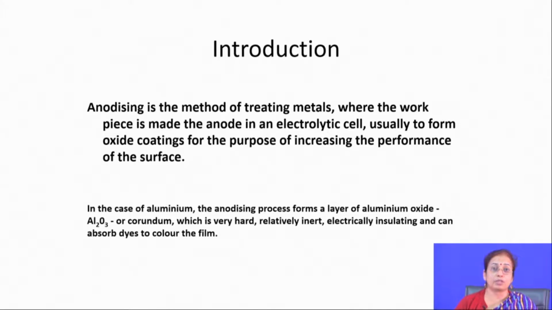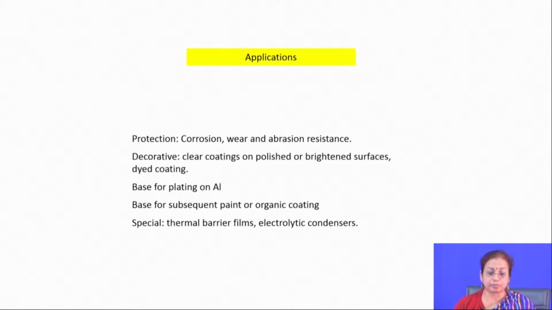Aluminum surface cleaning is usually carried out using caustic soda solution, where you dissolve the oxides present on the surface, rinse it with water, and then dry it just prior to the anodizing operation. So that the surface is fresh and there is an oxidation process on the surface.